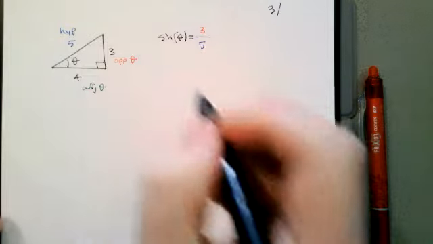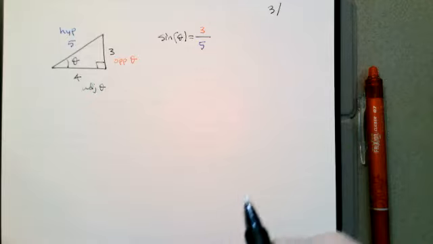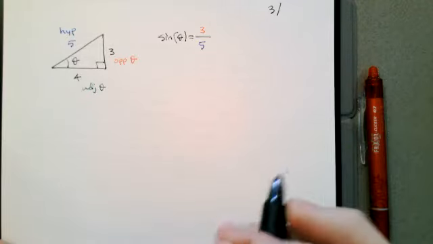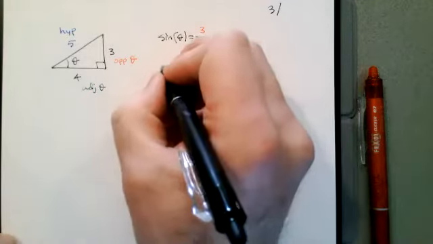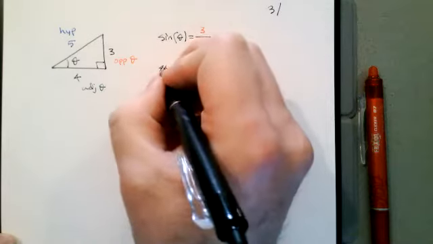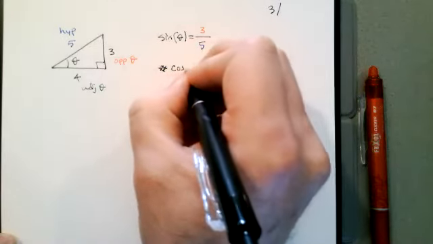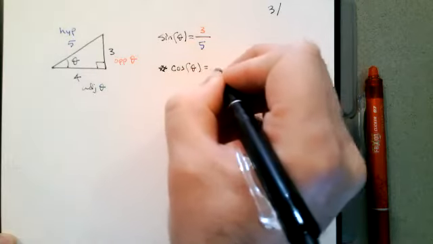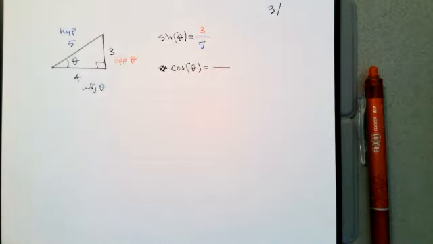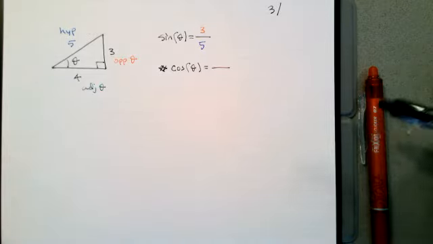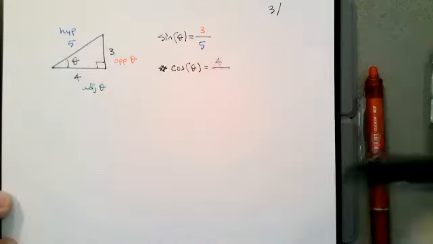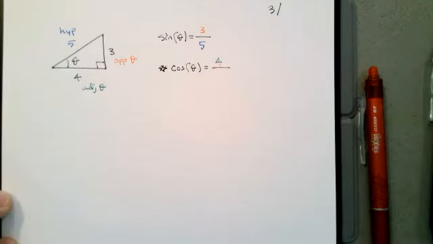So with these 3 sides, 3, 4, and 5, and theta is opposite to 3, what is the cosine of theta? I spelled cosine wrong. What is cosine of theta in this case? 4/5. We take the side adjacent to theta, 4, and divide by the hypotenuse, 5.